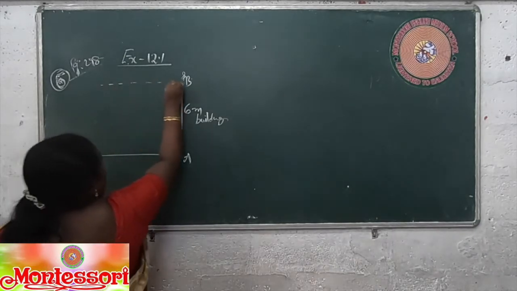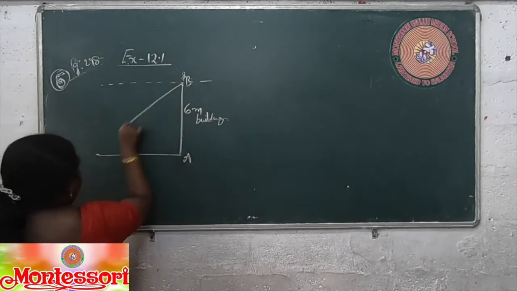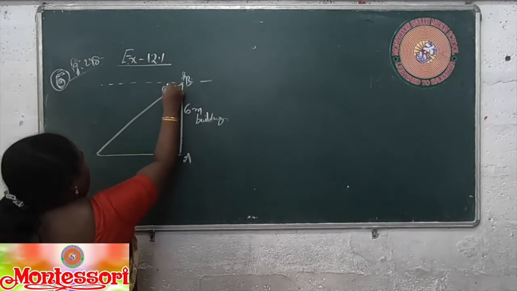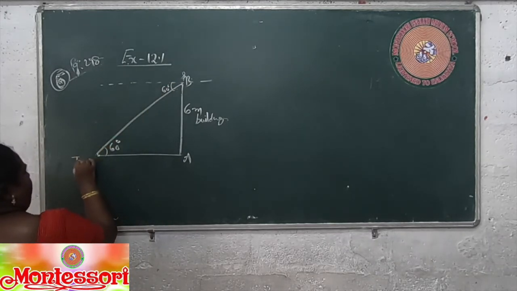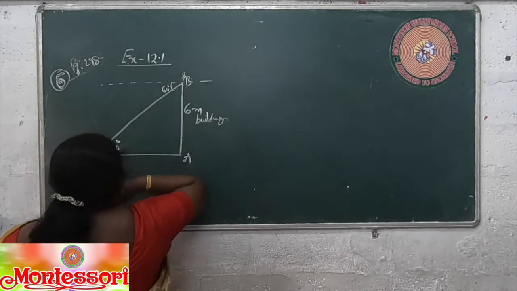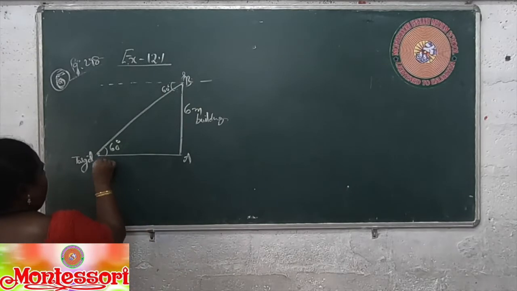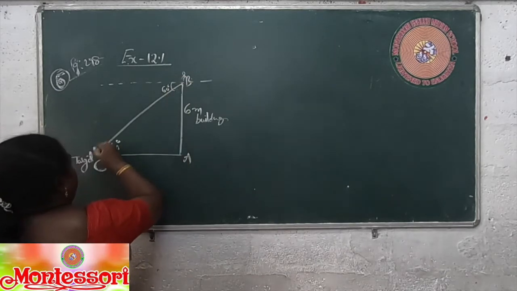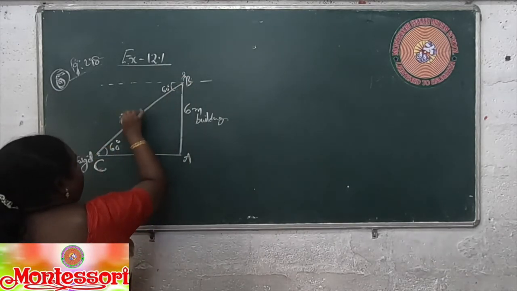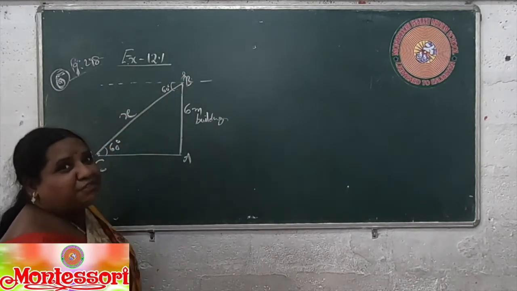So if you draw a horizontal line here, the angle of depression is 60 degrees. Now automatically according to parallel line theory here also 60 degrees. Here it is the target. This is the target from where you are shooting. Then I marked it as C. Target is C. Now the distance between you and the target, let it be x. Now you have to find x.